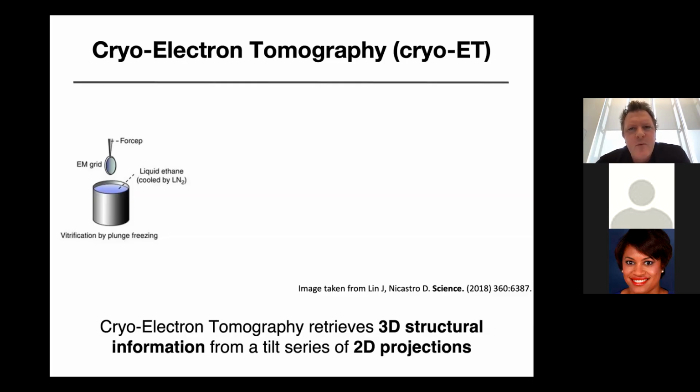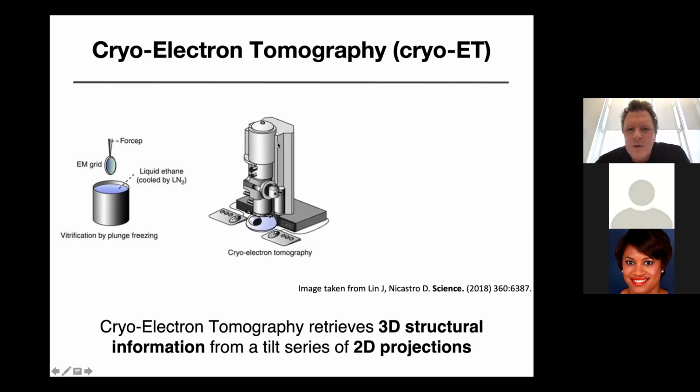And to do that, we will all have to start doing what's known as cryo-electron tomography. This is a similar principle to single particle analysis, but instead of purifying proteins, we freeze whole cells or even tissue onto these 3mm grids that we plunge freeze again into liquid ethane.